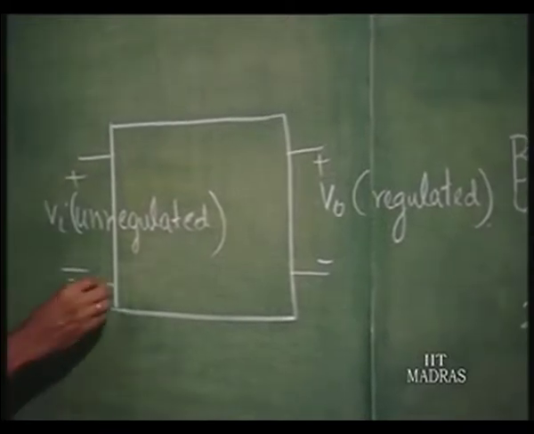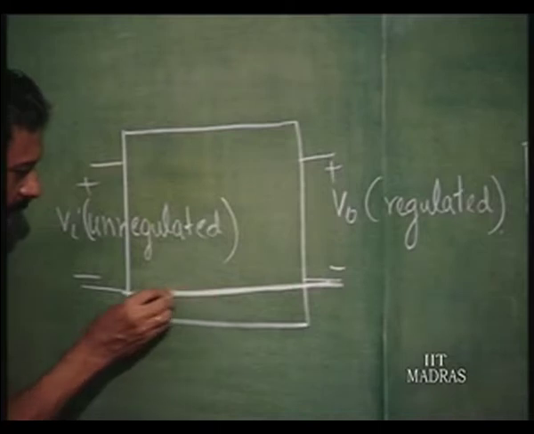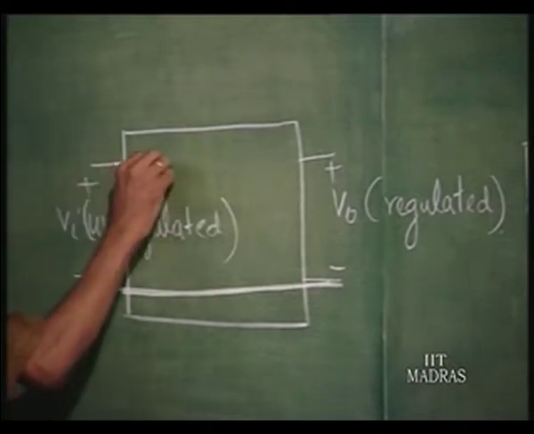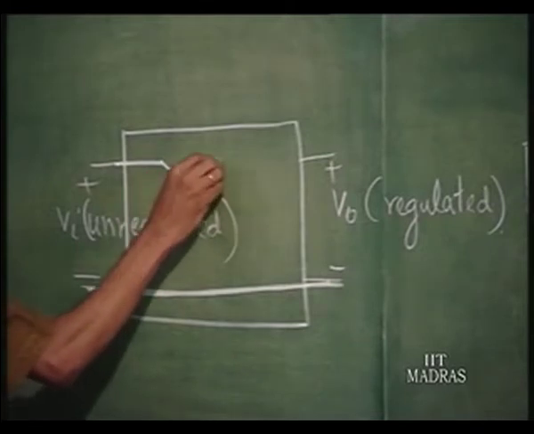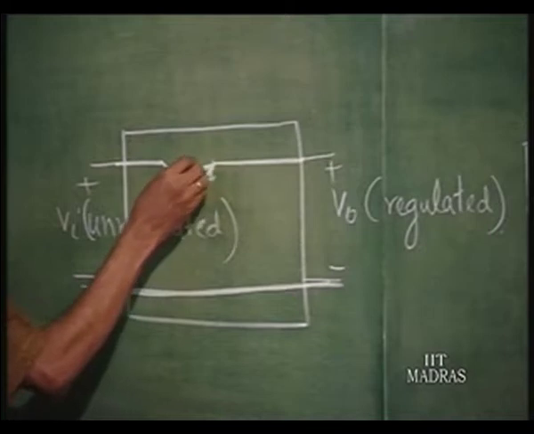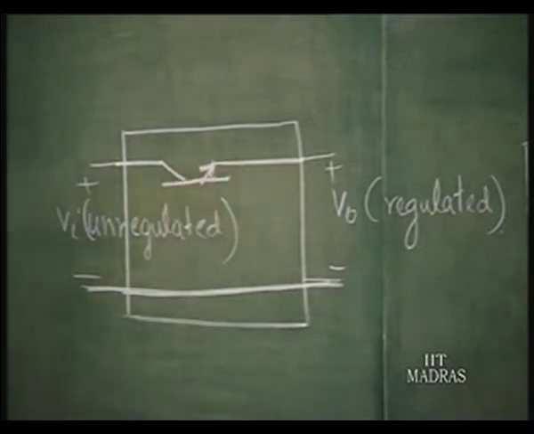In between we have to put something. So, let us assume that there is a common terminal between the input and output, and I put the series pass transistor in series. I am assuming that I am using an NPN transistor.